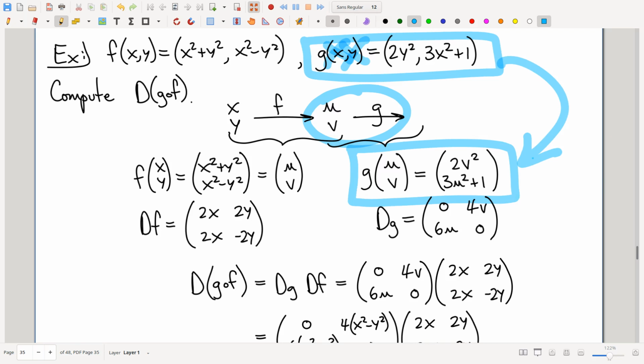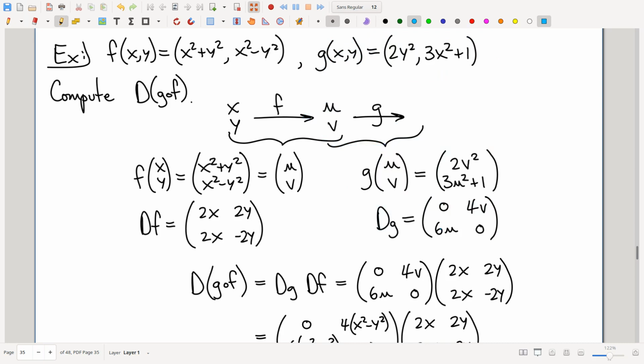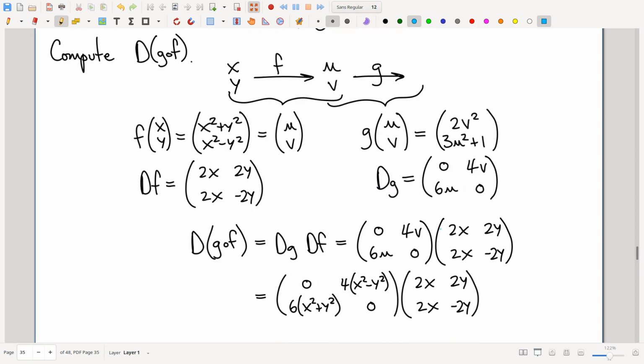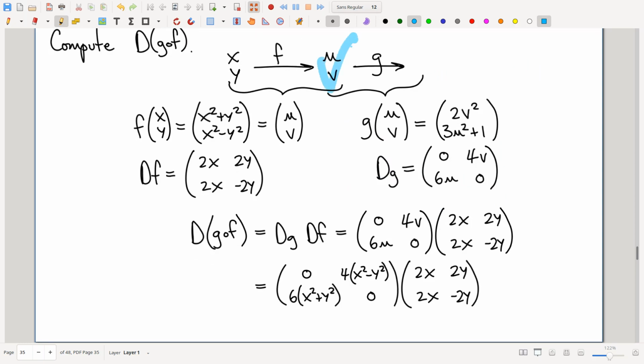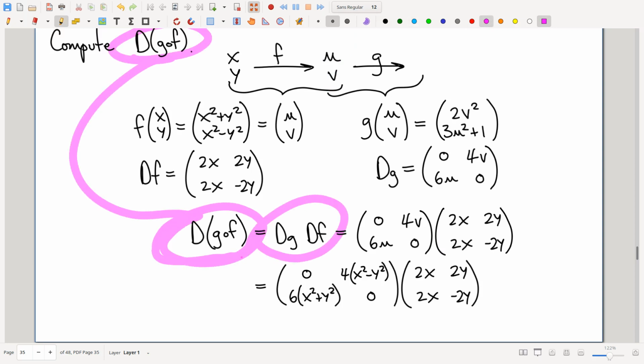And now, no confusion of variables. Write down the chain rule. Bada bing, bada boom, right? Don't even worry about where you're evaluating stuff. Your notation is keeping track for you of where you're evaluating stuff. And so, let's see here. We wanted the derivative of the composition. That's the product of the individual derivatives, which I can write down very conveniently.